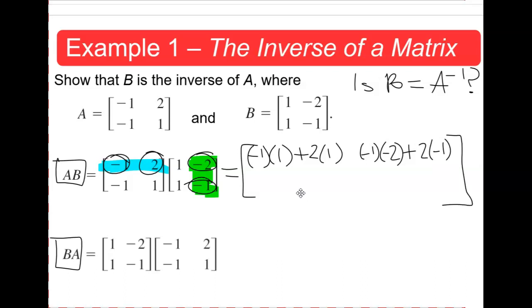And then we move on with the second row from the first matrix times the first column of the second matrix.